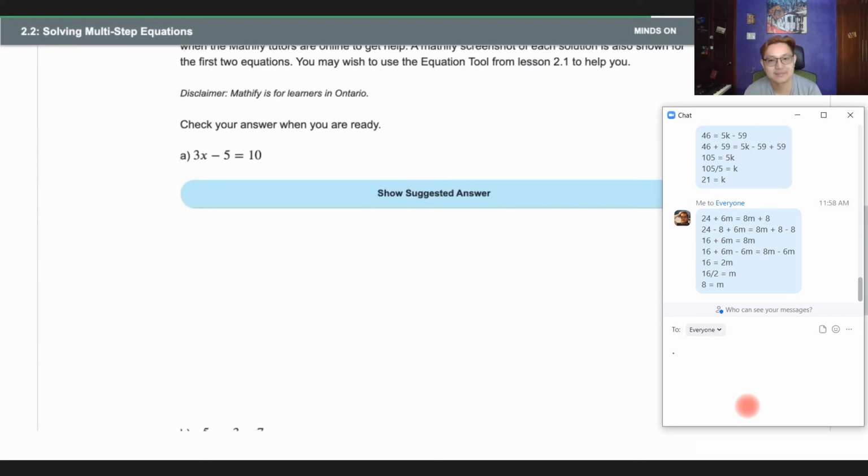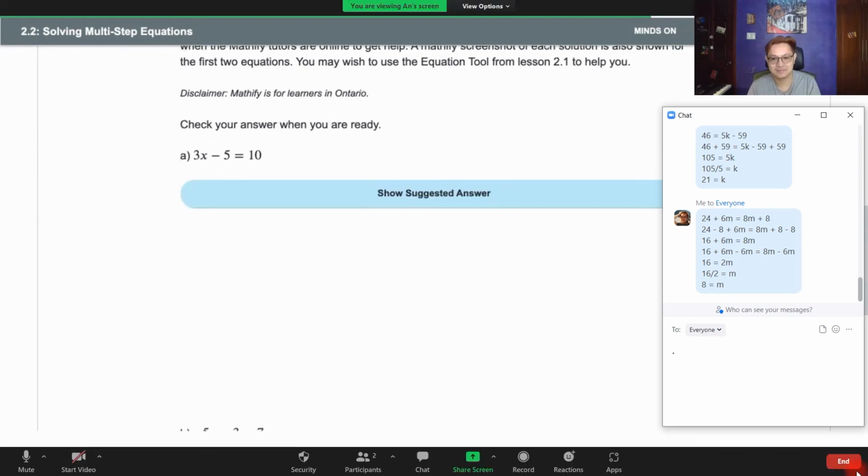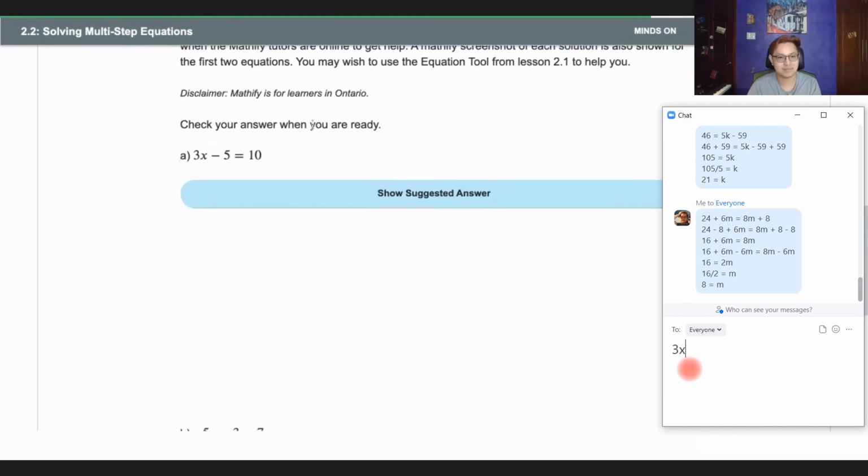So A, I think A is, you bring the 5 over, so it becomes positive, so 10 plus 5 is 15, and then take 3, bring it down, so 15 divided by 3 is 5, so x equals 5.